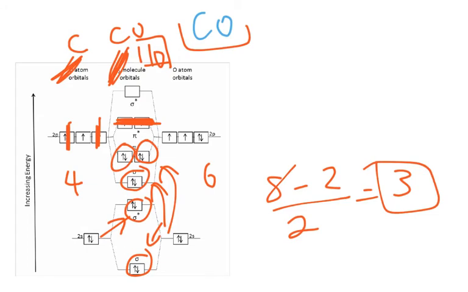Now let's try to draw the Lewis structure for CO to see if this agrees with what we predicted. So let's see what CO looks like. So C, O. Now let me think about this. If we make carbon gain an electron, then it will need 3 bonds, and if oxygen loses an electron, it will need 3 bonds.